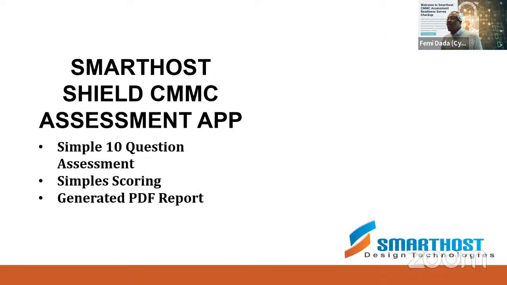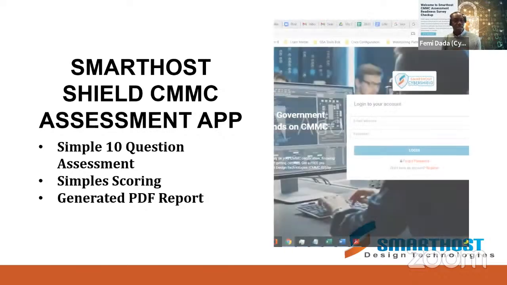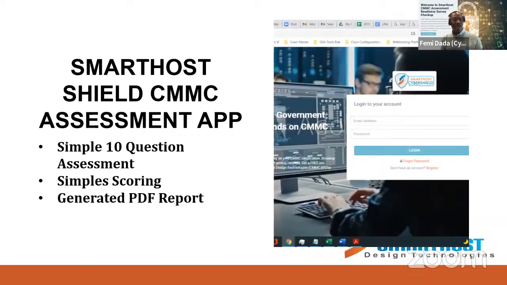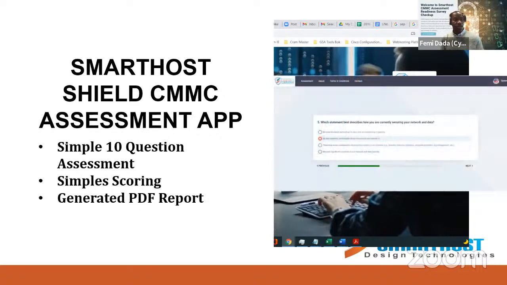Okay. So, how does this work? The way we do this is that we have a system online already. We have a website. Basically, you go to that website and complete 10 simple questions. After that, we get a scoring. We will meet with you, review it, and discuss your CMMC plan.